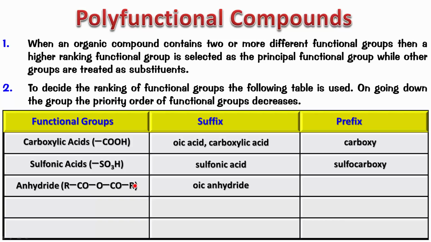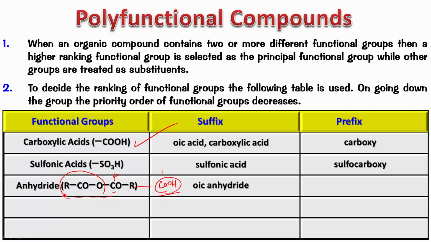Let's understand that if this R were to have somewhere at the end a COOH, obviously COOH has a higher preference. So the parent would be the one that includes the COOH. How would we name this as a prefix? If we start numbering from this COOH and end, let us say, at the last number P, this C has to be included in that.